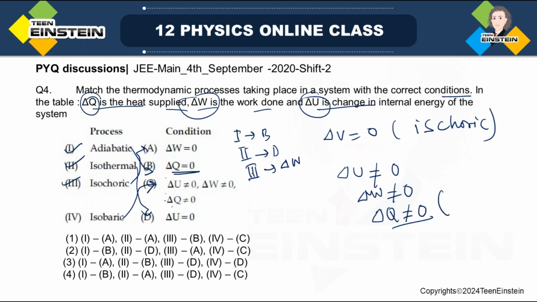I have adiabatic, isothermal, isochoric, and isobaric process. In isobaric process, all other things will happen like this: delta U not equal to 0, delta W not equal to 0, and delta Q also not equal to 0.